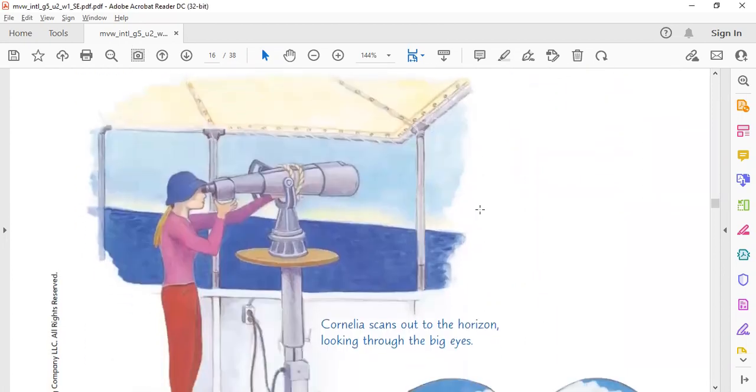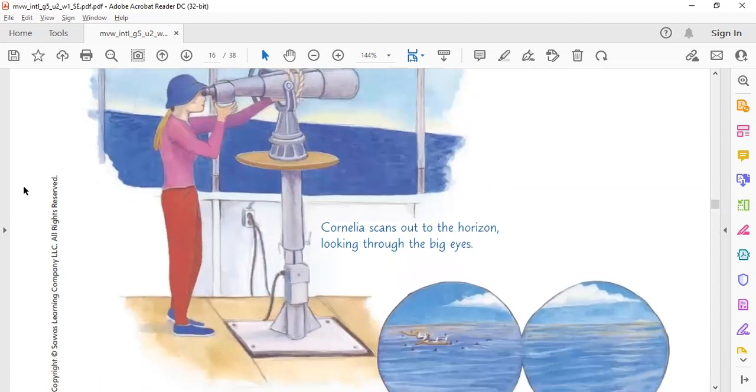So here, let me get Yusuf Yusri. What is this, Yusuf? What can you see? What are those?